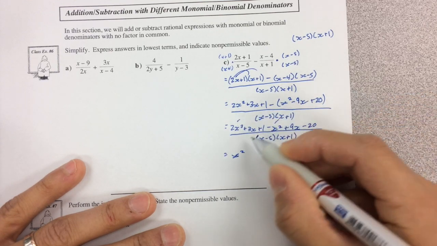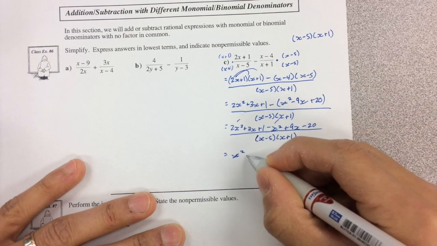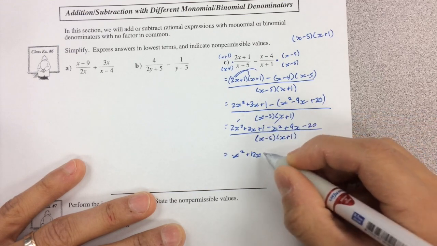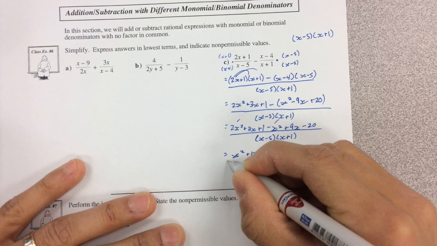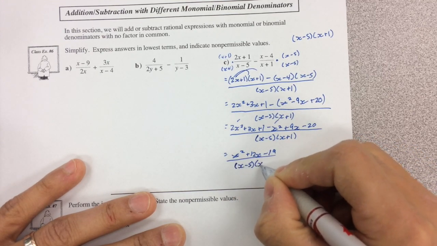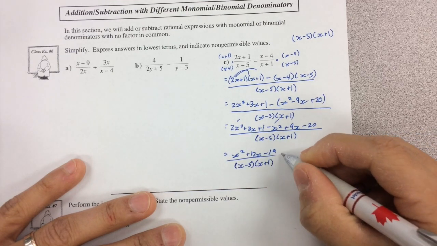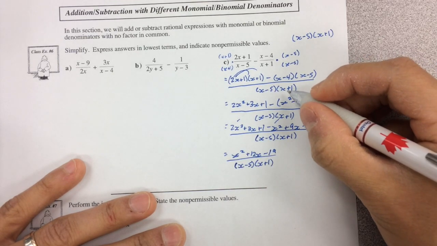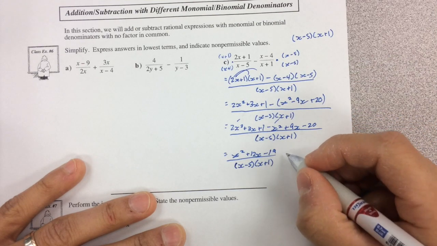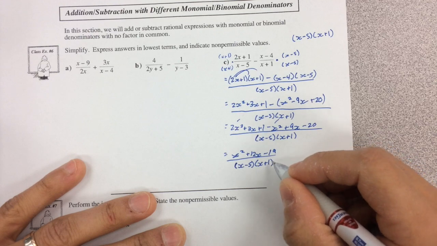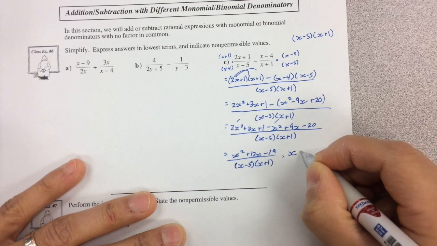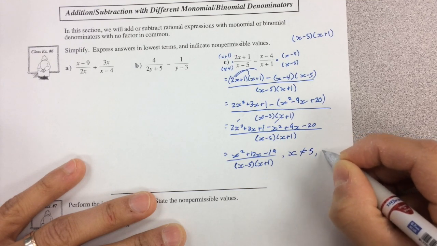So gathering the like terms, x squared, 3x plus 9x is 12x, plus 1 minus 20 is negative 19, over x minus 5, x plus 1. And that is going to leave me with my restrictions: x cannot equal 5 and negative 1.